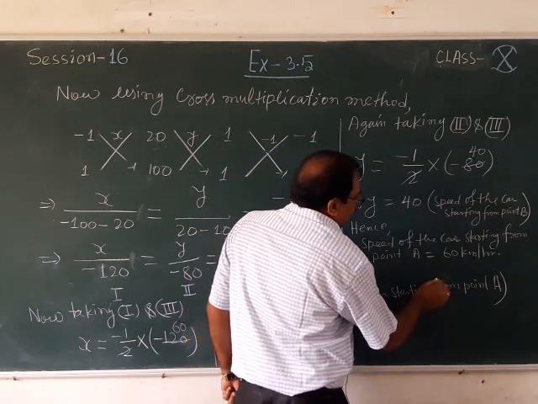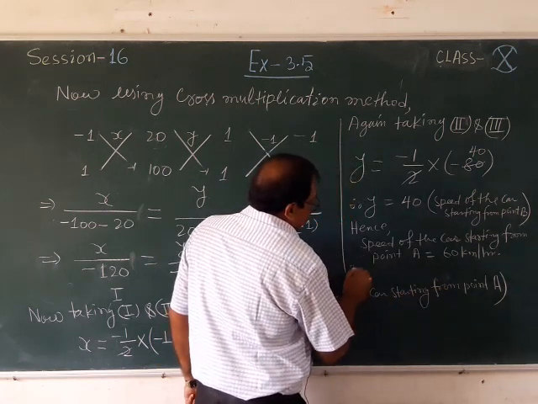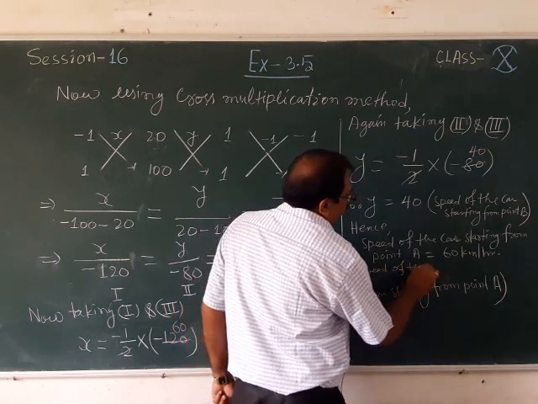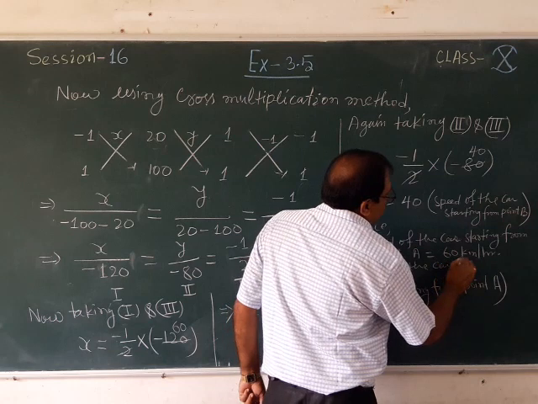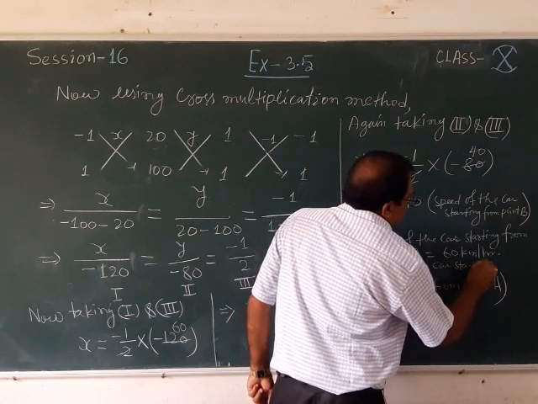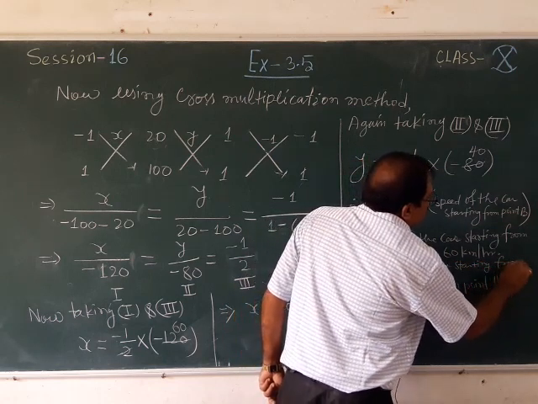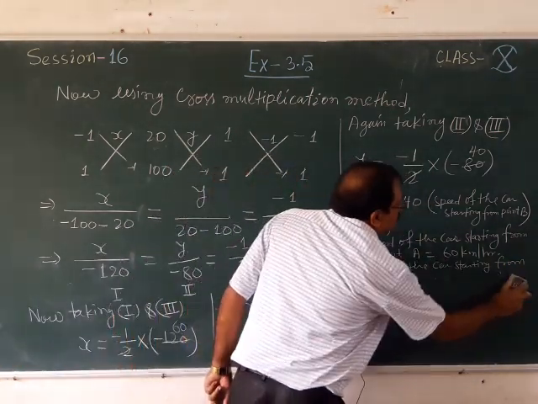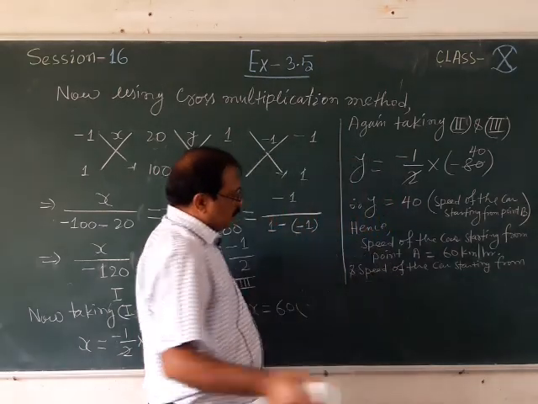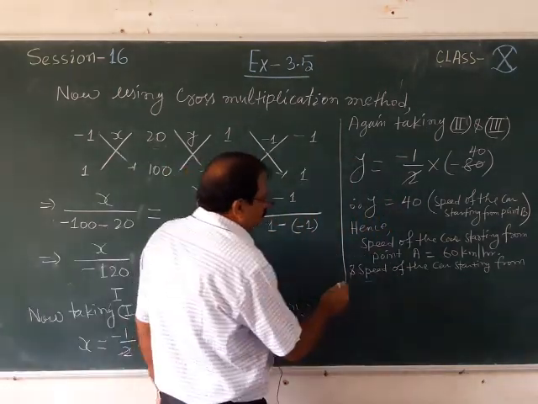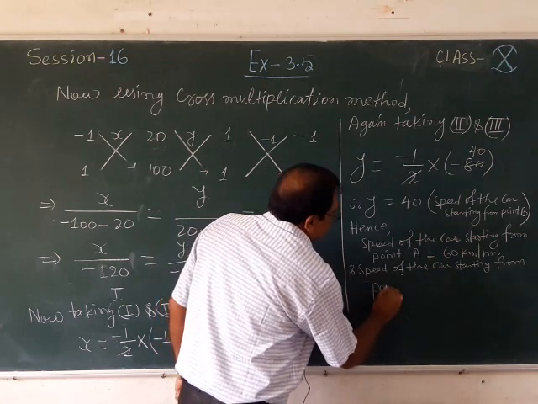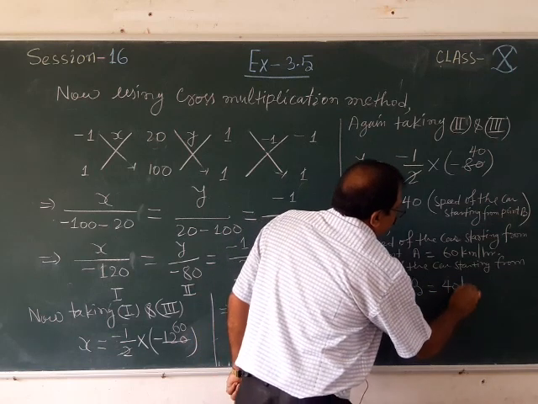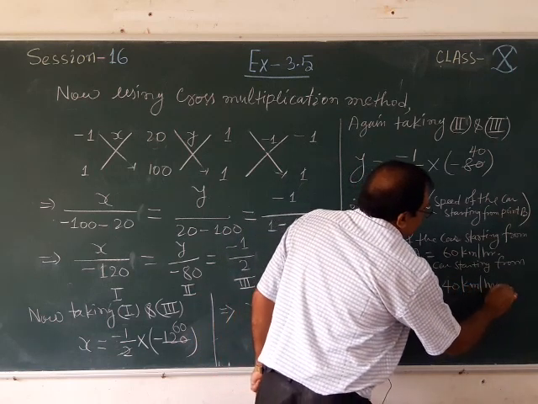Like that you can write your answer, and the speed of the car starting from point B is equal to 40 kilometer per hour.